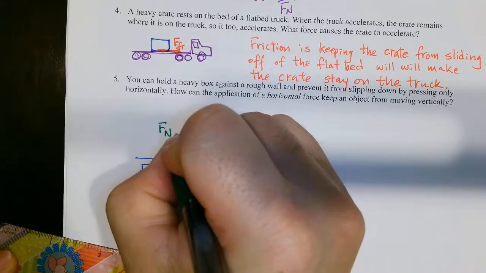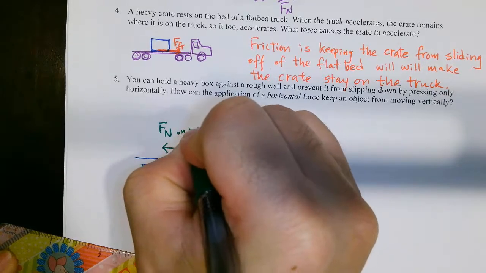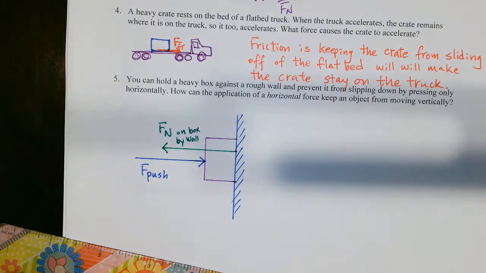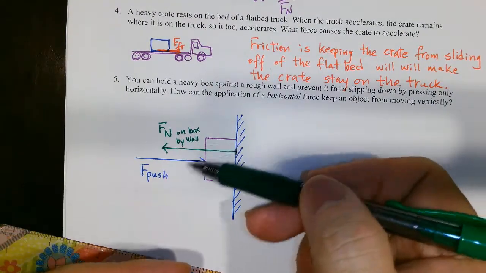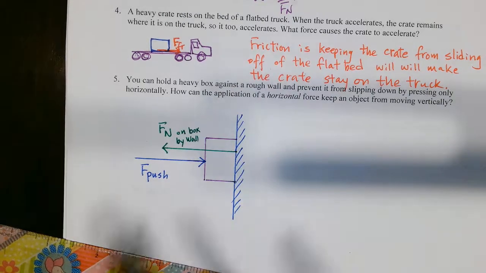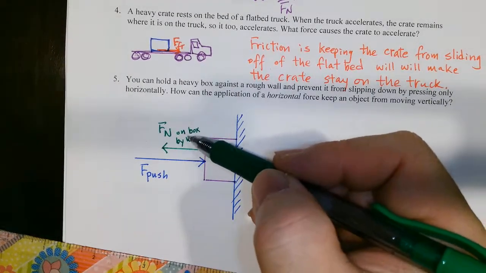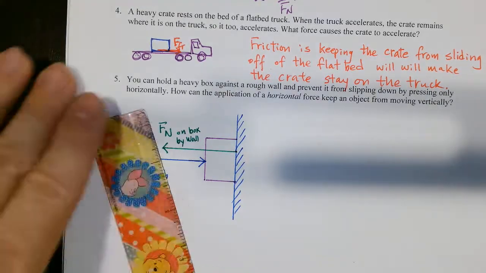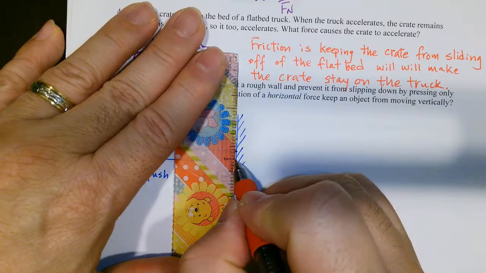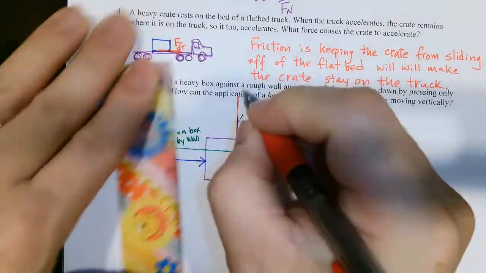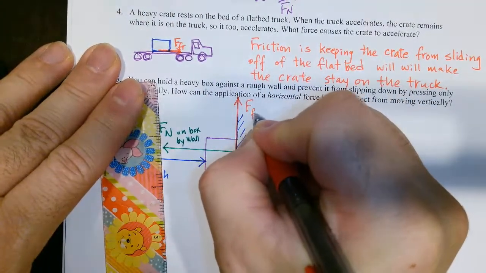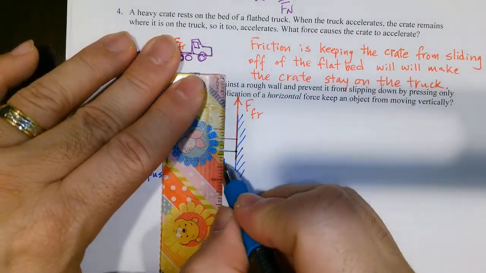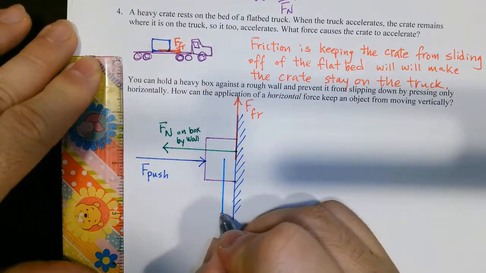F normal on box by wall. And these two forces are equal to each other. And because the normal force is acting on this box against the rough wall, it would create a friction up this way, preventing it from sliding. That will hopefully be equal to or greater than the Fg.